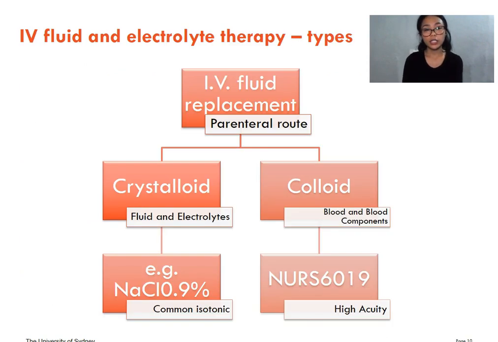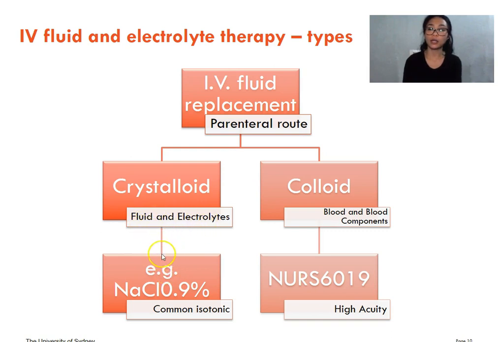So fluid and electrolyte therapy, in the scope of Nurse 5084, we're starting to look at parenteral routes, and that's any route that is bypassing the GI tract or gastrointestinal tract. We have the category of crystalloid fluids, which involve fluid and electrolyte replacement.